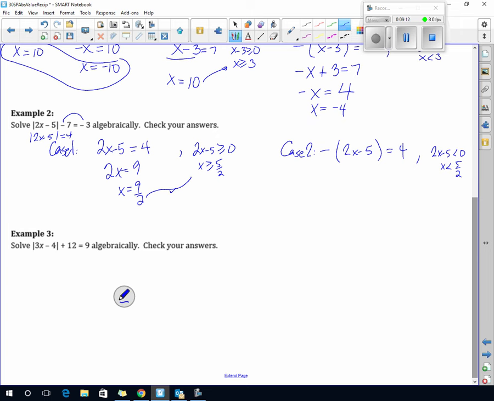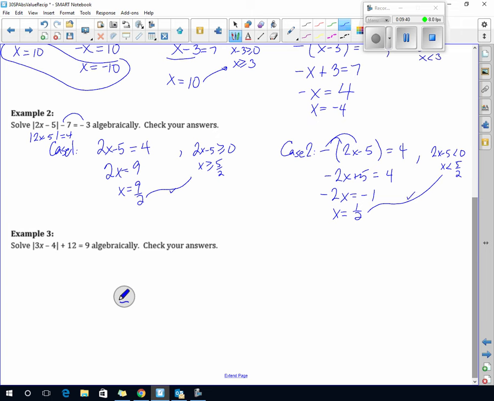Negative 2x equals negative 1. Is that good? So x equals 1/2. Is 1/2 less than 5 over 2? Yes. And you might say, isn't it always going to work out? No. Okay. Pretty good so far? Okay.